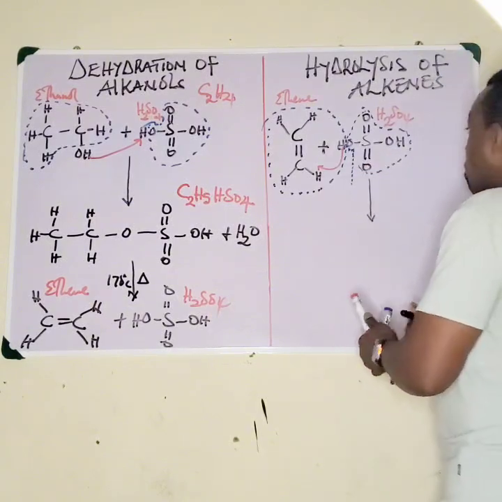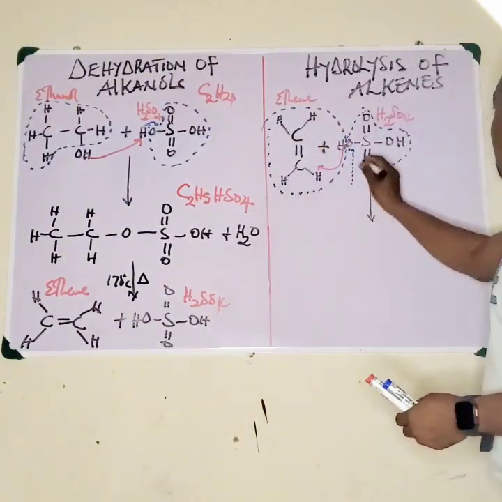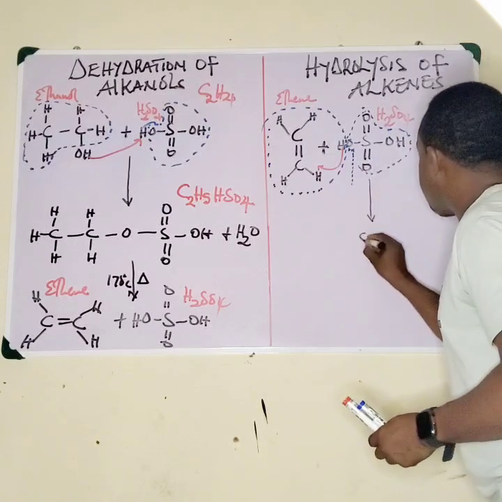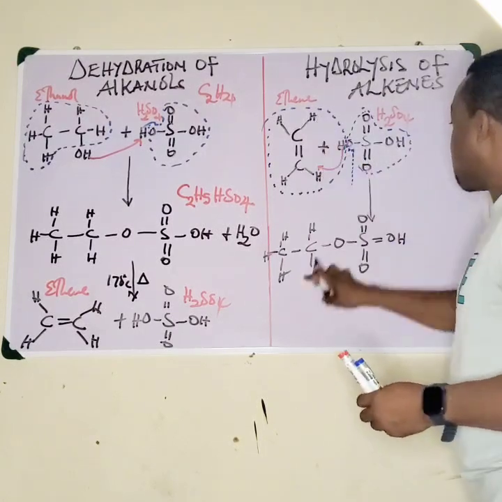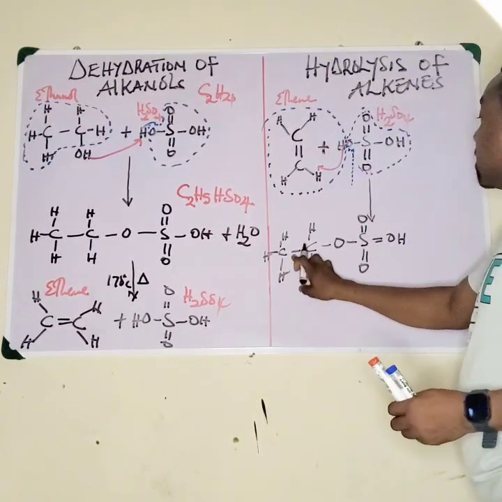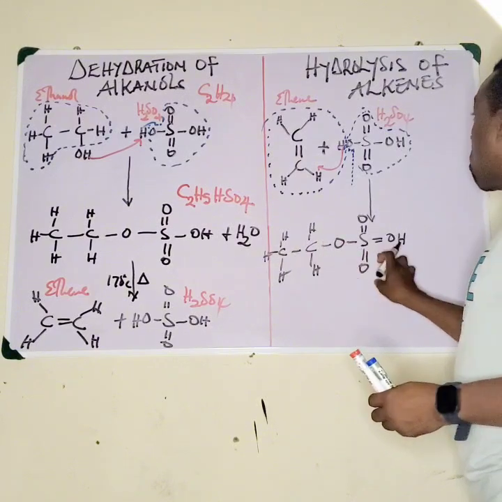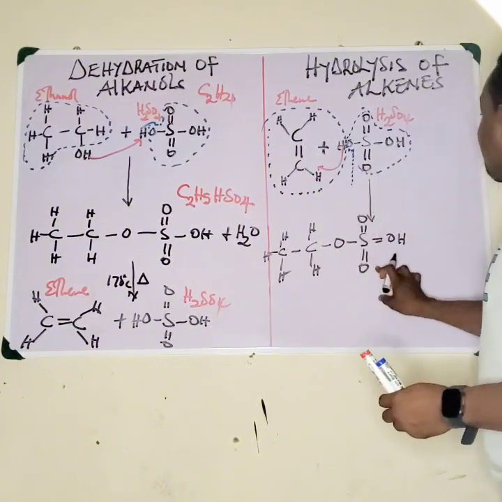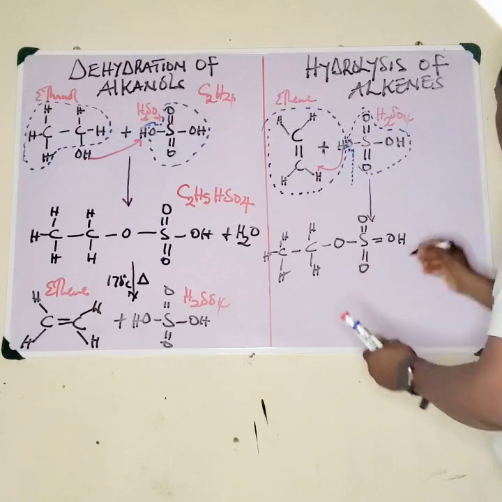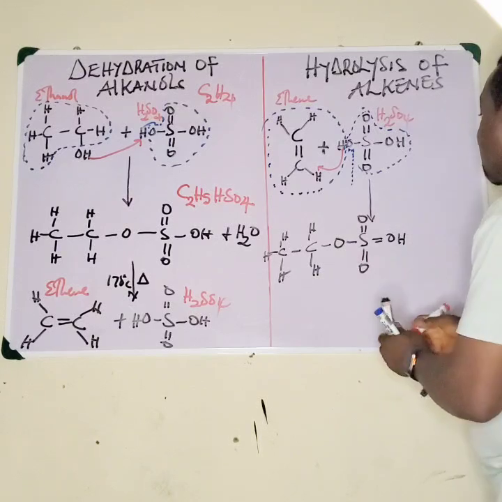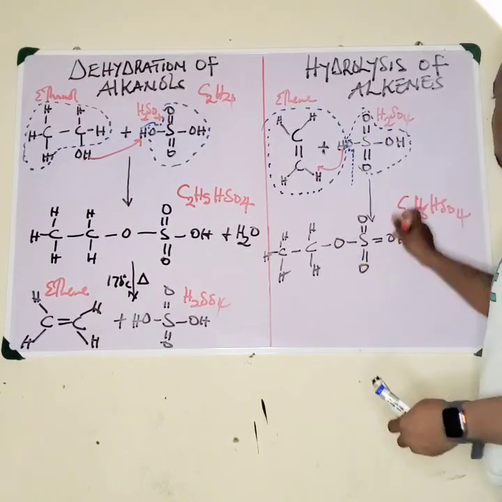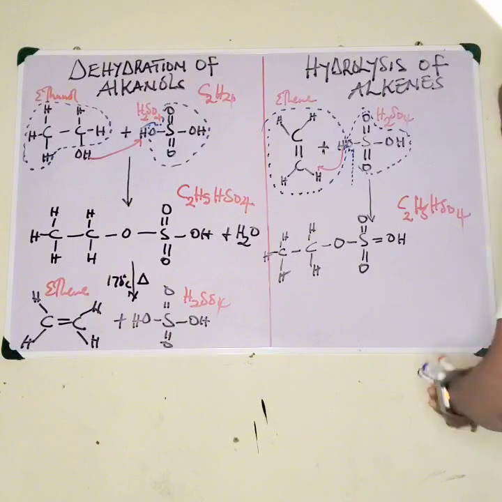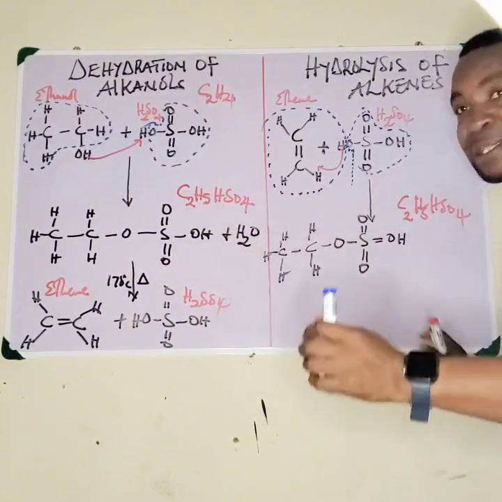So the product we are going to have here is this. Before, we had only 4H, then H becomes 5 and the double bond disappears. So in this case, look, this is the intermediate, which is still C2H5HSO4. If you check this equation, you will simply say that the equation is balanced.